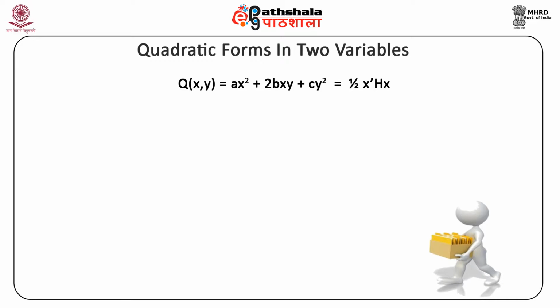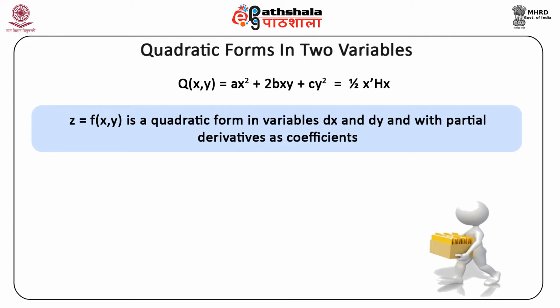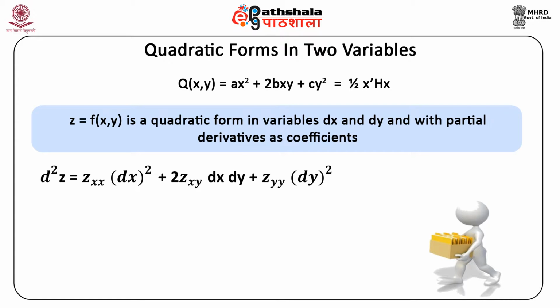The second order total differential of function z is equal to f(x,y) is a quadratic form in variables dx and dy, with partial derivatives as coefficients. d squared z is equal to z_xx dx squared plus 2 z_xy dx dy plus z_yy dy squared, which is equal to the row vector (dx, dy) multiplied by the matrix [z_xx, z_xy; z_yx, z_yy] multiplied by the column vector (dx, dy).